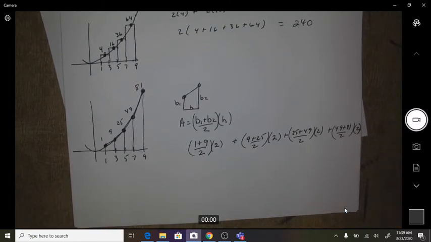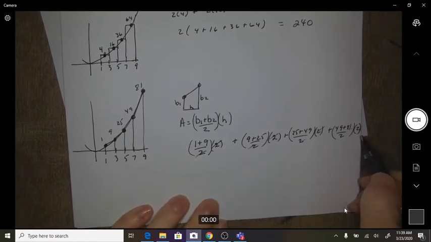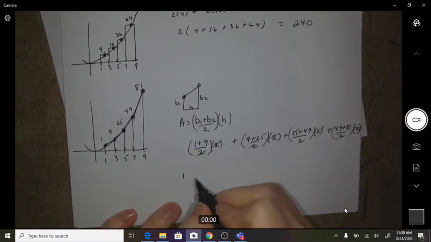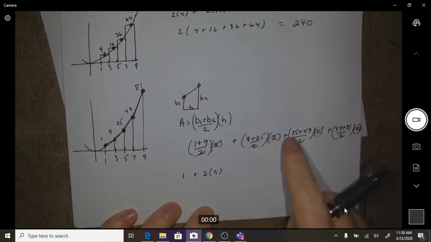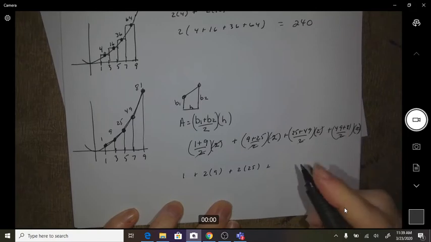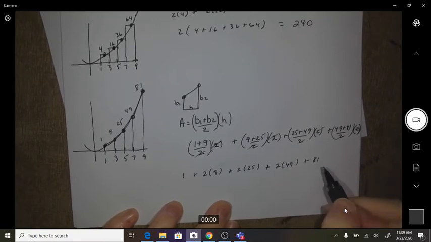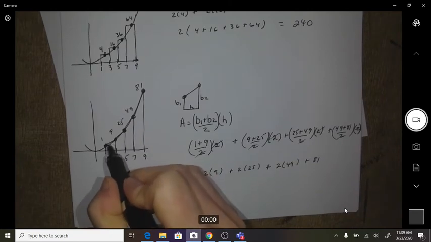If you want a shortcut, obviously these 2's would all cancel. And you can see that I add 1 plus 2 9's plus 2 25's plus 2 49's plus an 81. On each trapezoid you count this 9 twice.